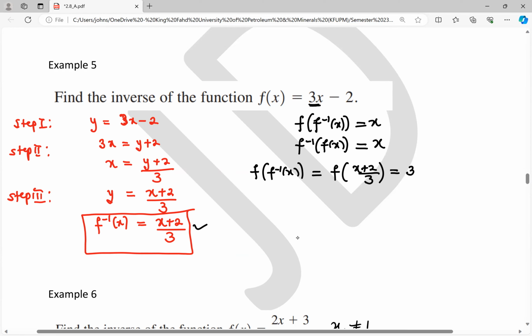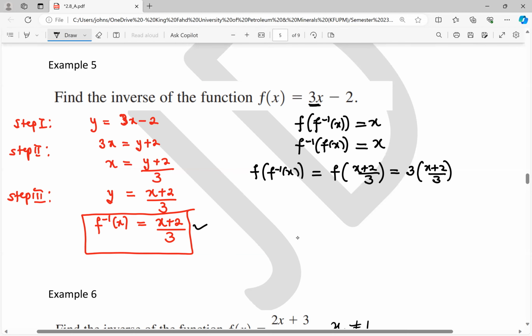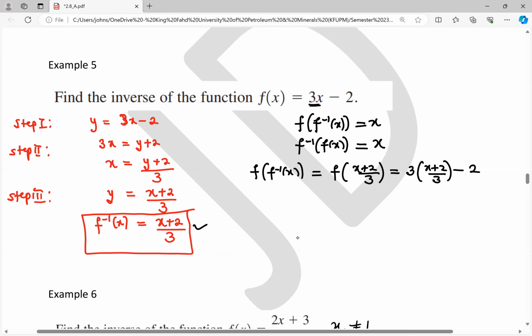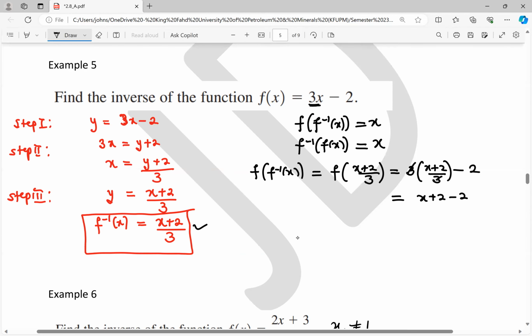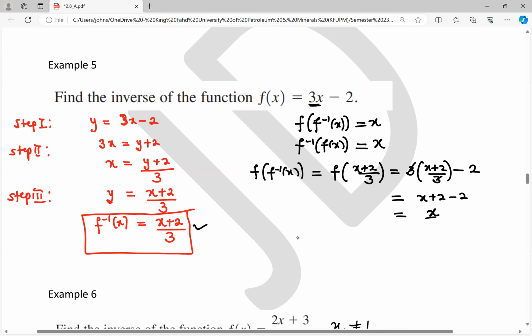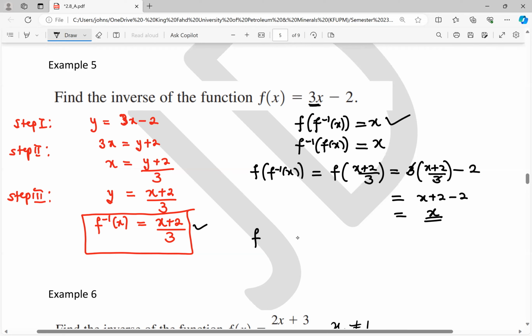So this will be 3 times x plus 2 over 3, everything minus 2. This 3 will go with 3, so you will have x plus 2 minus 2, and this will give us x. So we finished this, so this is true.